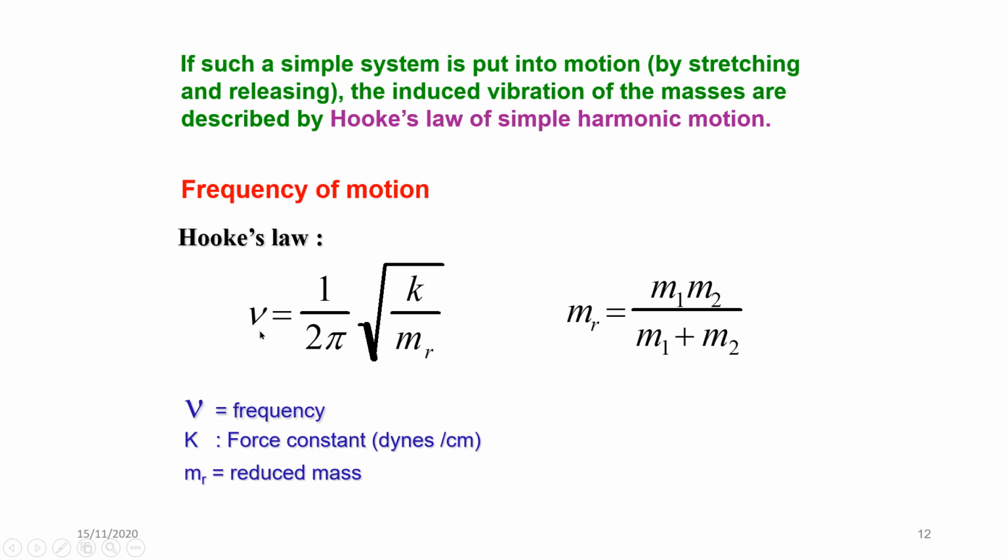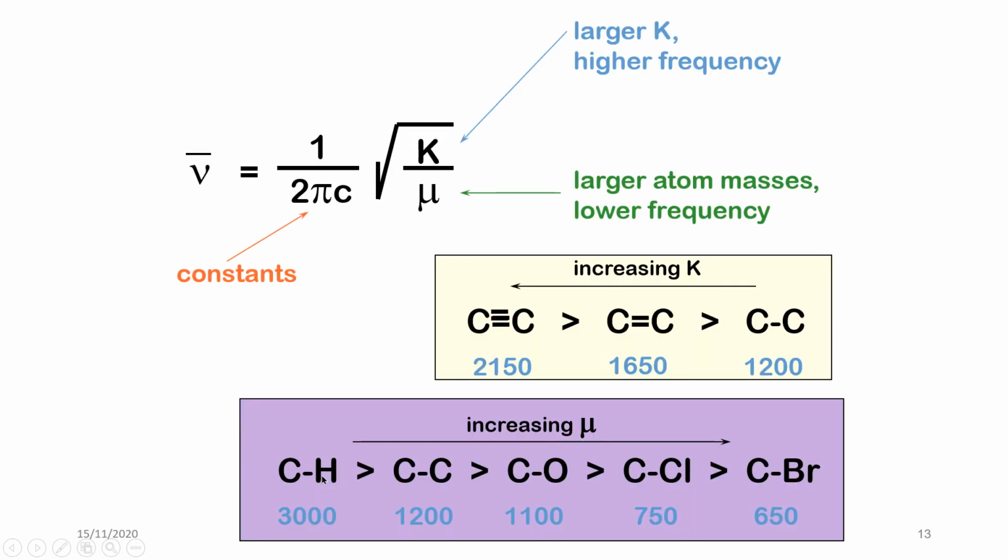According to this law, frequency is equal to 1 upon 2 pi into square root of k by m, where k is the force constant, which also refers to the strength of the bond, and m is the reduced mass, where m1 and m2 are the atomic masses confined to a particular bond. m1 into m2 divided by m1 plus m2 is called the reduced mass.